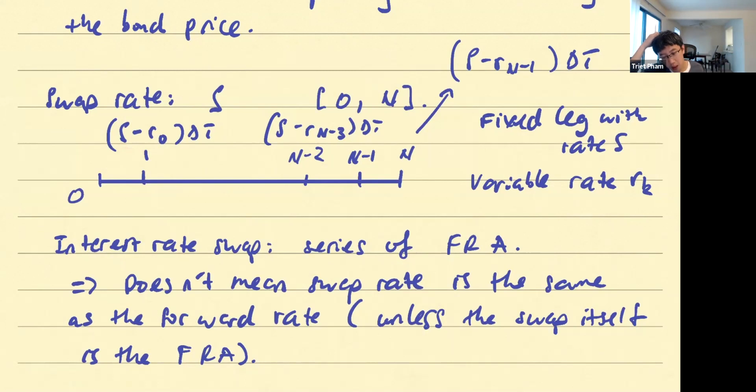When I say you don't care, that means the investor does not care in terms of the payment stream itself, in terms of value. In practice, there are other incentives that push one party to the fixed leg and the other to the variable leg, due to their creditworthiness and so on. You can look into that in a business class. We won't go into that.